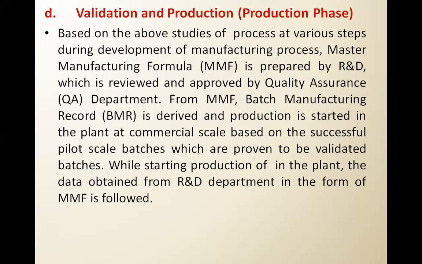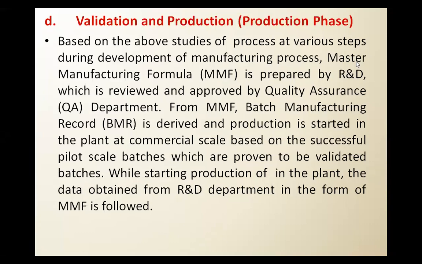So this master manufacturing record is prepared by the R&D department, then reviewed by the QA section, then the R&D department converts that master manufacturing record to the batch manufacturing record. Then that batch manufacturing record is transferred to the production department, or we can say the RU, that is the receiving unit, and after that commercial production starts.